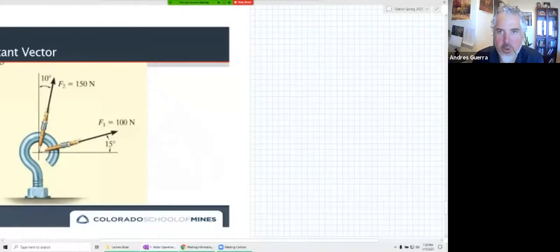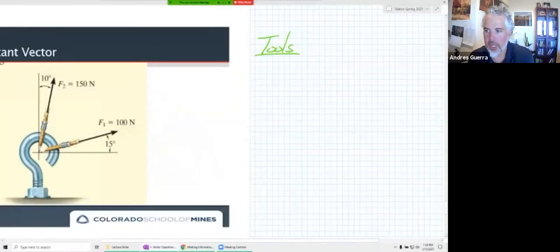So what kind of tools are we going to need for today's stuff? Well, those are the learning objectives. Corresponding angles was one of them.